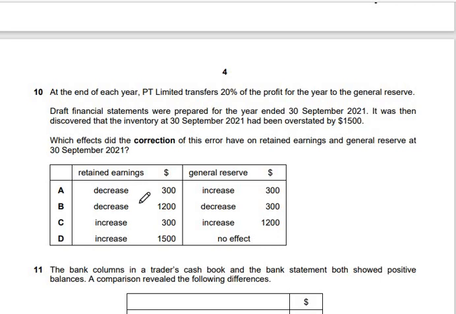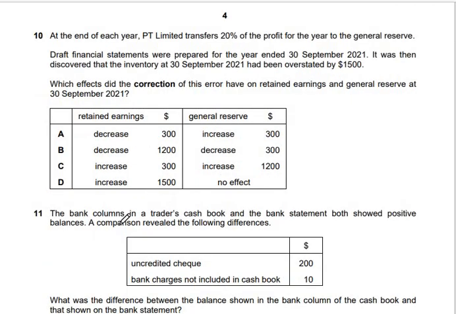Now, question number 10. At the end of each year, PT Limited transferred 20% of the profit for the year to the general reserve. Draft financial statements were prepared for the year ended 30th September 2021, and it was then discovered that inventory at the 30th September 2021 had been overstated by 1,500.